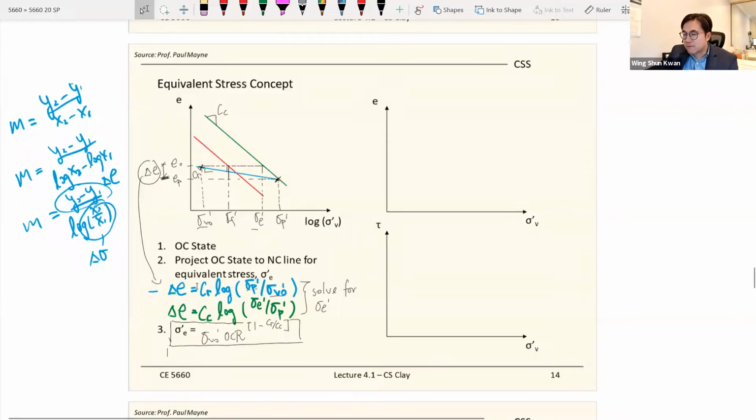Through the mathematical equations, you can solve two equations: the change of the void ratio based on the slope of the equivalence line, the slope of the overconsolidated line, which is the blue one, and the slope of the green one, the virgin compression line, or the normally consolidated line, they are the same thing. Then you can set up these two equations with respect to the change of the stress. This is just a point-slope form.